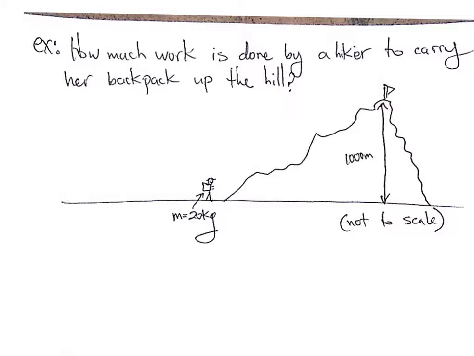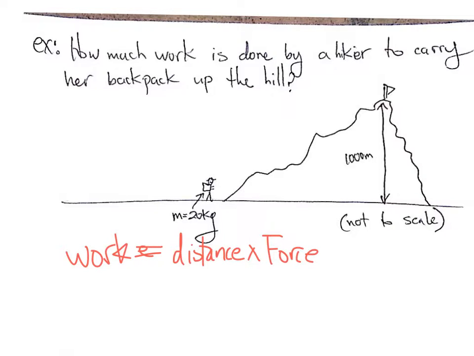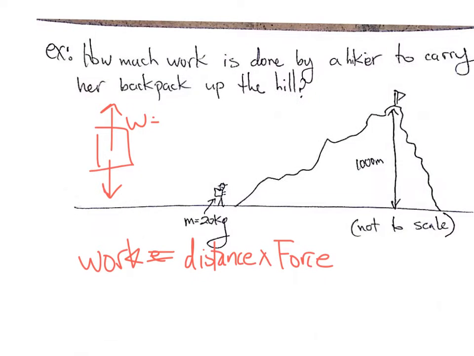So what we would do is say that the work done is equal to the force times the distance, and the force that she exerts on the backpack to lift it is equal to its weight. So W equals mg, and that would be 20 times 9.8. So the force that she has to exert just to hold the backpack steady is 196 newtons.